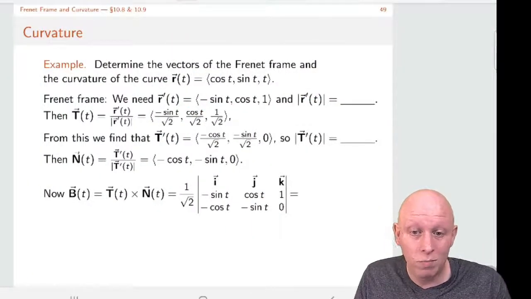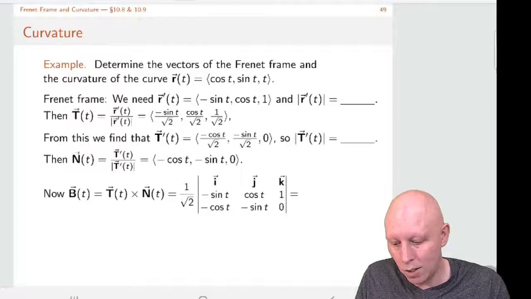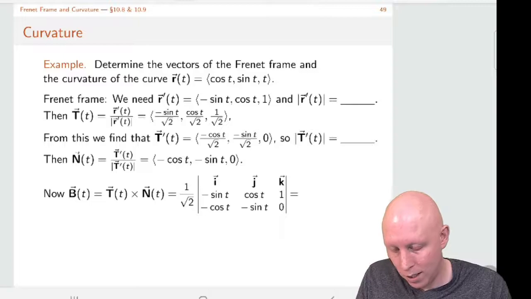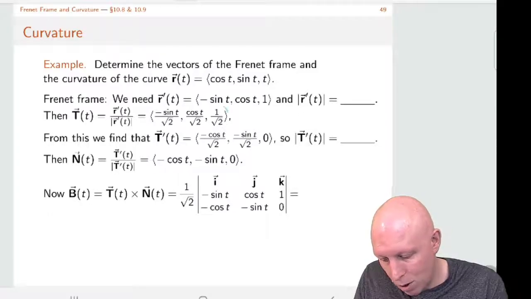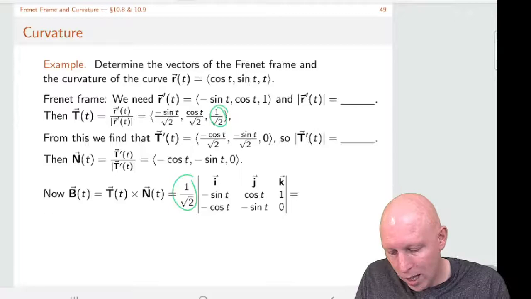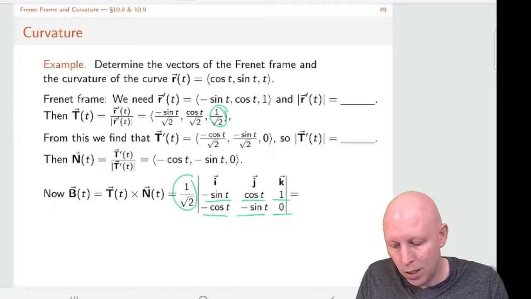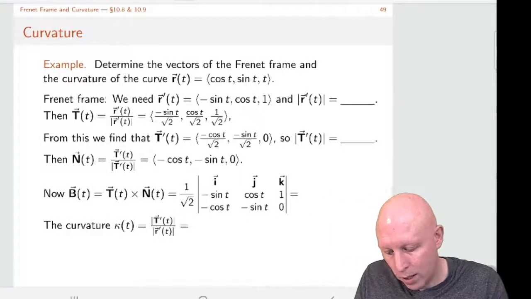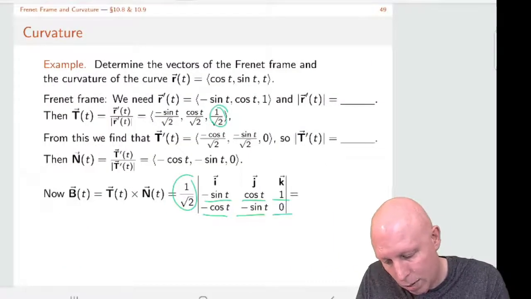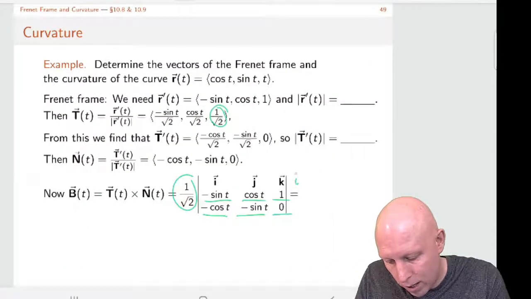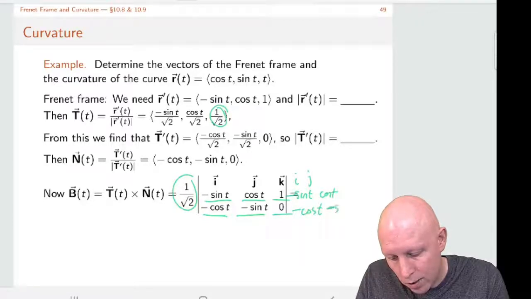The binormal vector, you calculate using the cross product. We have a 1 over root 2 we factor out, and then we do negative sine of t, cosine t, 1, and negative cosine t, negative sine of t, 0. So we have i, j, k, then negative sine t, cosine t, negative cosine t, negative sine of t.